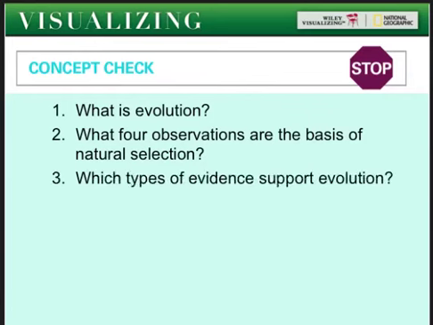What types of evidence support evolution? Well, it's supported by observation from the fossil record, comparative anatomy, biogeography, and molecular biology. Essentially, the observations from the fossil record record morphological adaptations, changes in body shape and body plan that provide an advantage for organisms within a specific environmental niche.